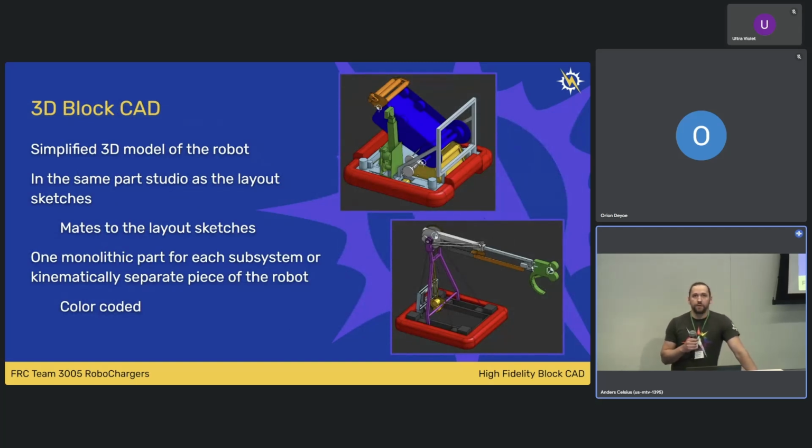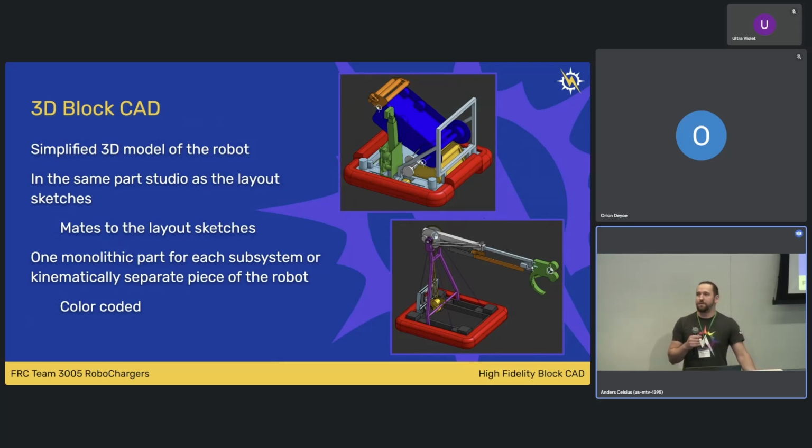Then we move into this 3D block CAD phase after we're done, or mostly done, with the layout sketch. It's a simplified 3D model of the robot. It lives right on top of the layout sketches, so it's modeled in the same part studio as all the layout sketches are. We're tying the geometry of the block CAD to the layout sketches, so roller locations, arm pivot points, all that stuff is attached to the layout sketch skeleton.